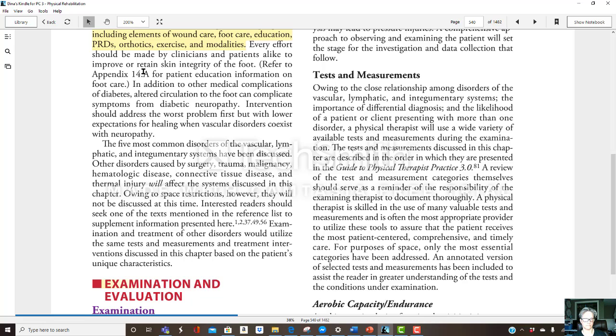Owing to space restrictions, however, they will not be discussed at this time. Interested readers should seek one of the texts mentioned in the reference list to supplement information presented here. Examination and treatment of other disorders would utilize the same tests and measurements and treatment interventions discussed in this chapter based on the patient's unique characteristics.